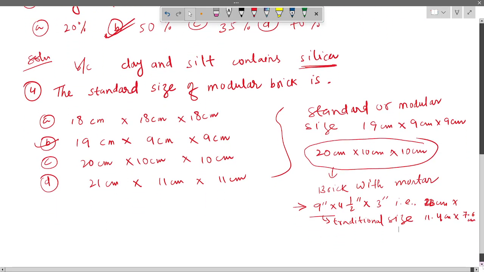Now we will move to the fifth question. What is the question asked in the fifth? The fifth question is: crushing strength of first class bricks should not be less than. So it is asking about crushing strength.